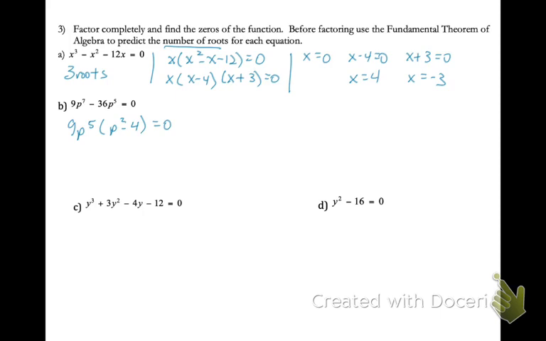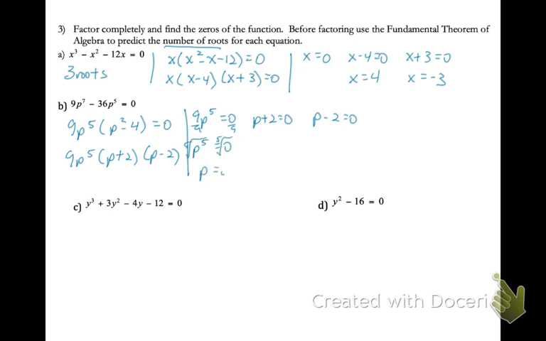It is, and that can factor as p plus 2 times p minus 2. Now let's set each of those factors equal to 0 and solve. So we'll start by dividing by 9, and then taking the 5th root of p to the 5th. So p will equal 0. p will also equal negative 2, and p will equal positive 2.